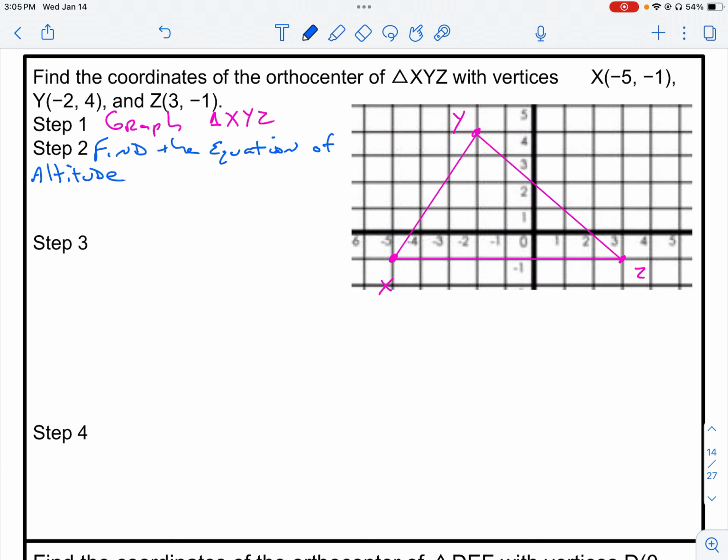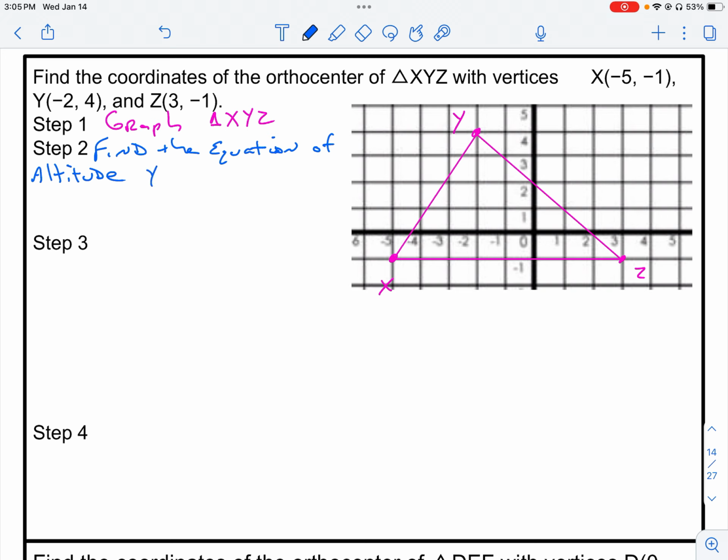Are we going to go from point X to YZ, from Z to YX, or from Y to XZ? Well, my preference, since XZ is a horizontal line, the line perpendicular has to be a vertical line.